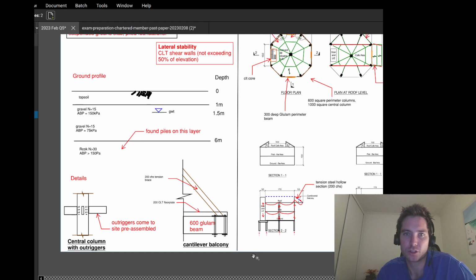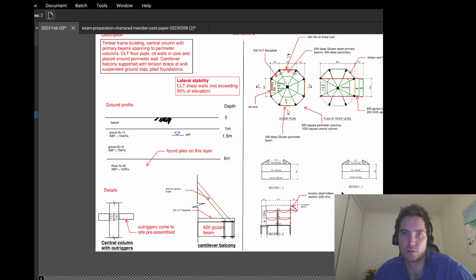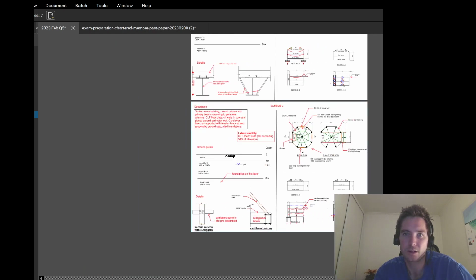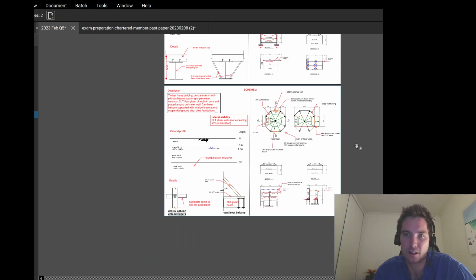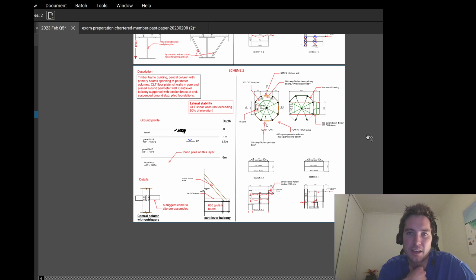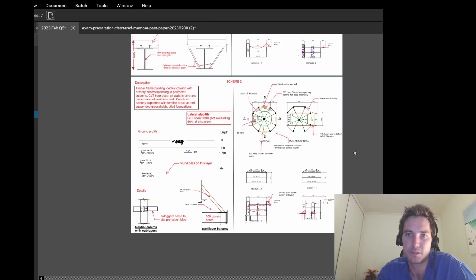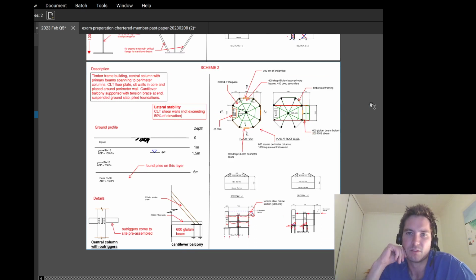If I were to choose which of the two to follow through to section 2, I would be inclined to choose this building here, because I think some key advantages are that, being a timber frame building, its embodied carbon would be a lot less, and it would be quicker to fabricate, because you're not waiting for the concrete to cure when you pour your composite slabs. And all of the advantages that you could list off for timber frame buildings.